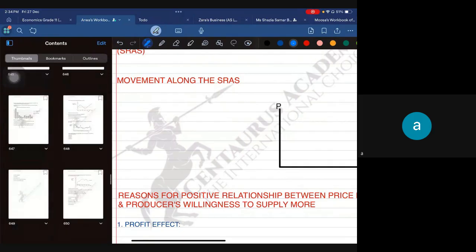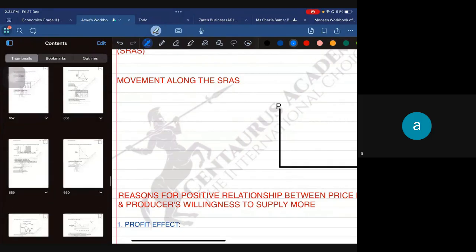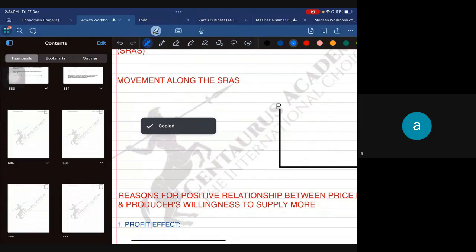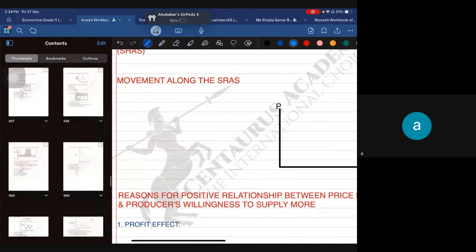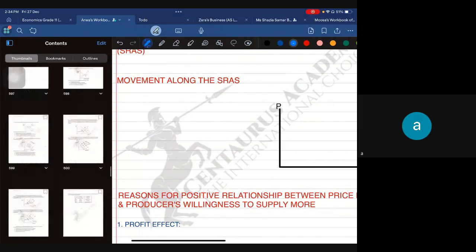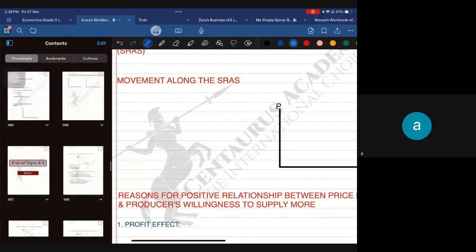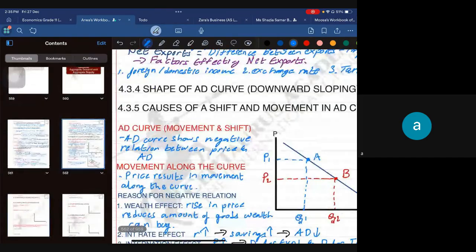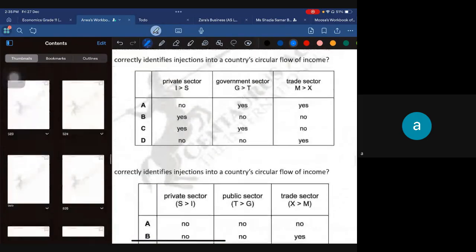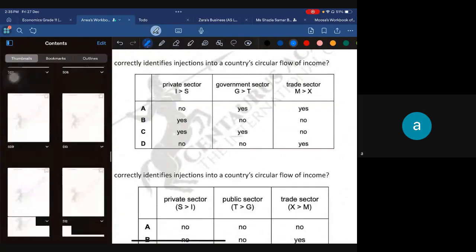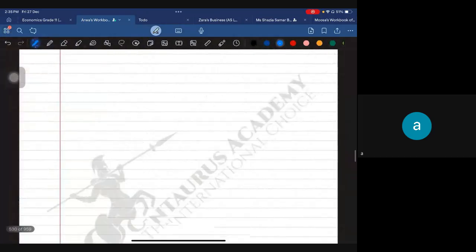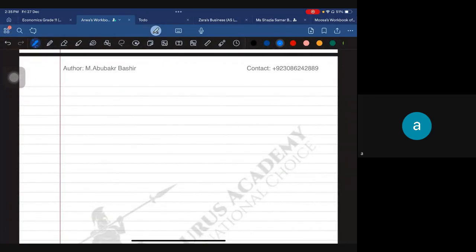I'm going to put this under the third one, end of section 3. I'll just put it here now. There is already a page.